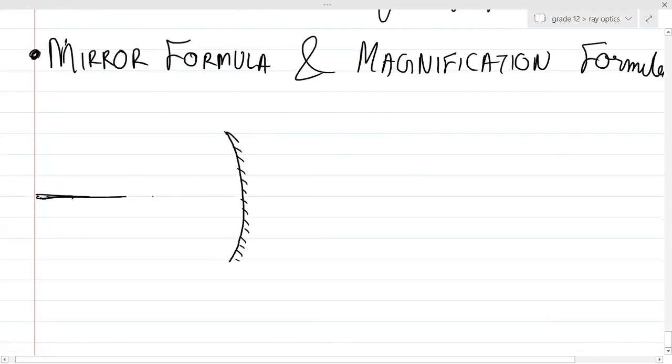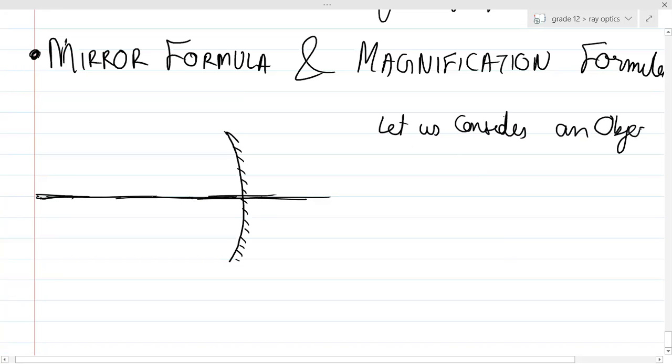For this derivation, you'll start with whatever case is given to you. Take any case out of those cases for real objects. So let us consider an object O, and please remember, make this object a point object.